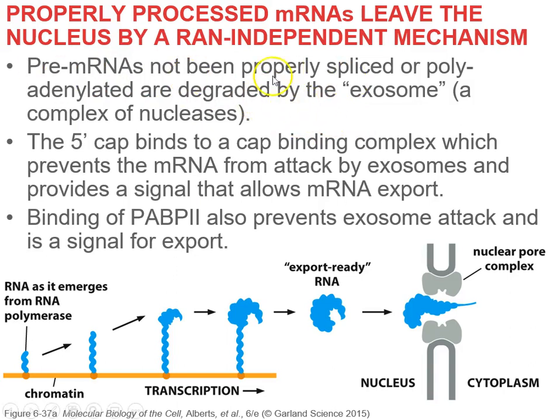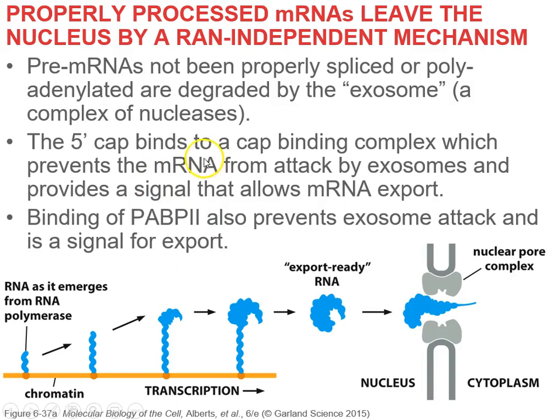It needs the poly A tail, needs the cap, and all of the introns need to be spliced out. So the RNAs that are properly processed and are allowed to leave have to be recognized as such so that they are export ready. If they're not properly spliced or polyadenylated, then there's a complex of nucleases inside the nucleus called the exosome that will degrade it.